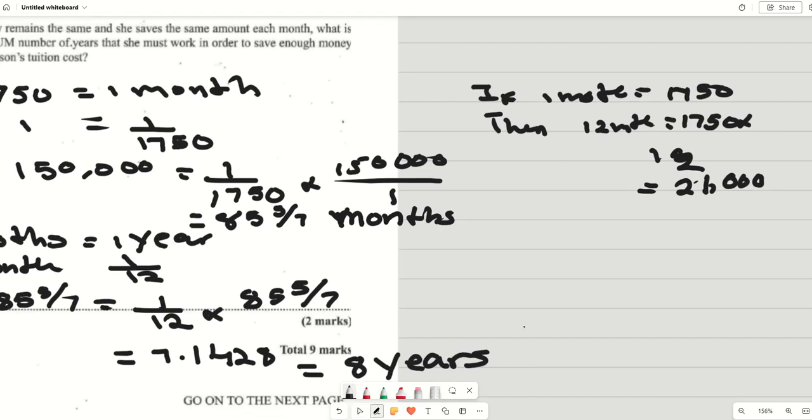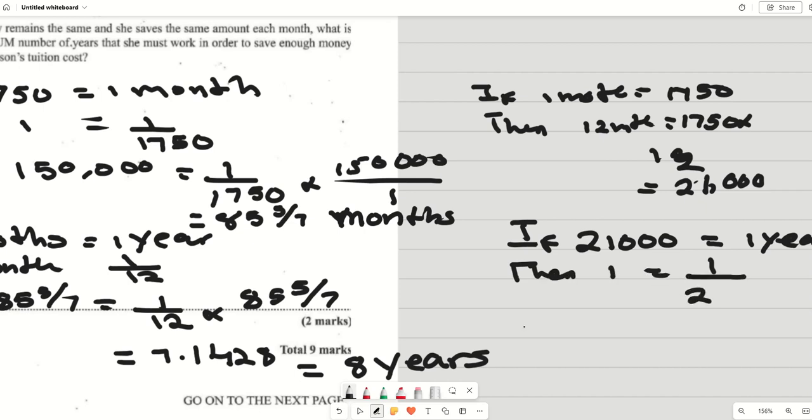So then we use that if then therefore. If 21,000 is equal to 1 year, then 1 is equal to 1 over 21,000, right? Therefore, we want to, no, not 21,000. Yes, it's 21,000.